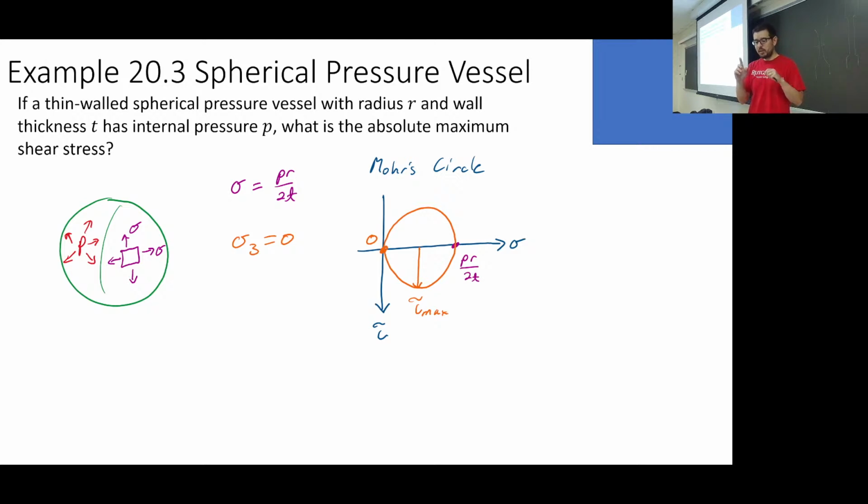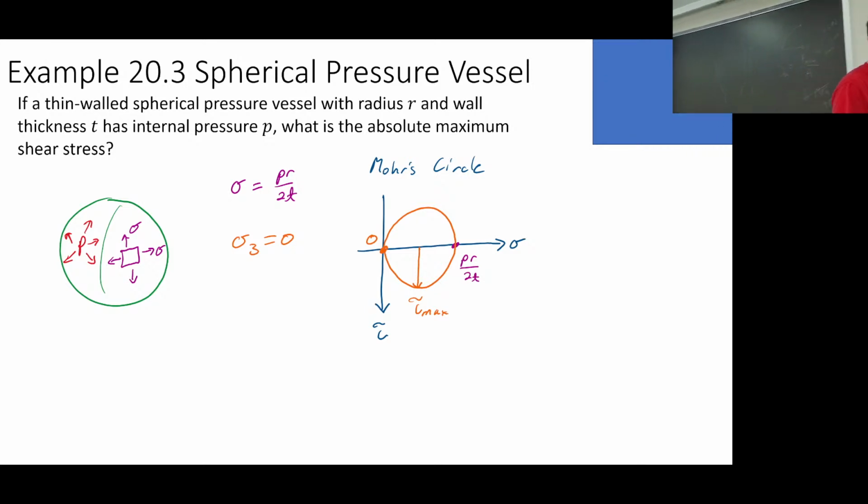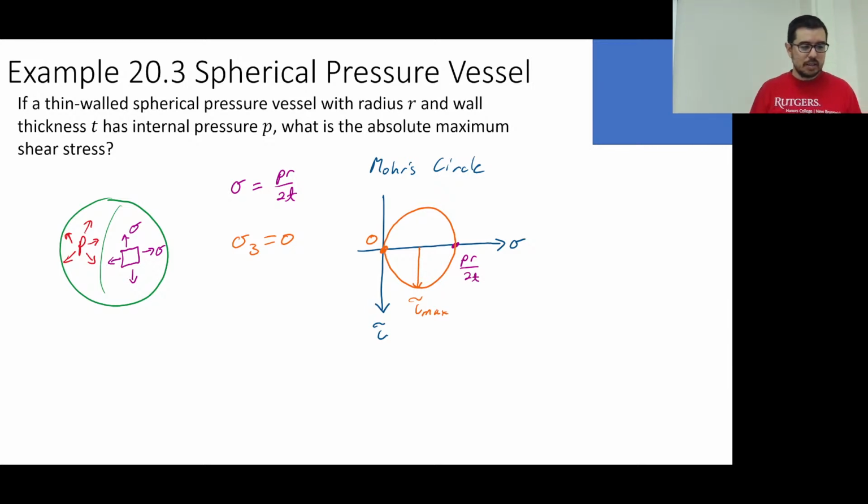You see that I have 0 stress in your direction, and that I've got an axial stress coming out like this. Then in that particular plane, I can think of a maximum in-plane shear stress. So this is kind of a classic example.